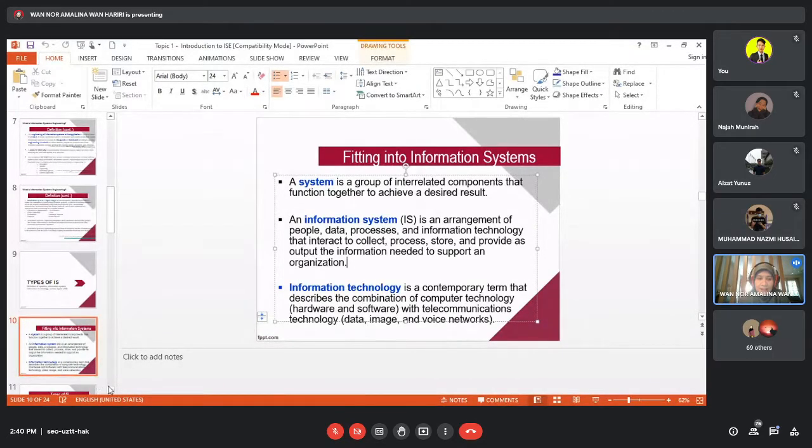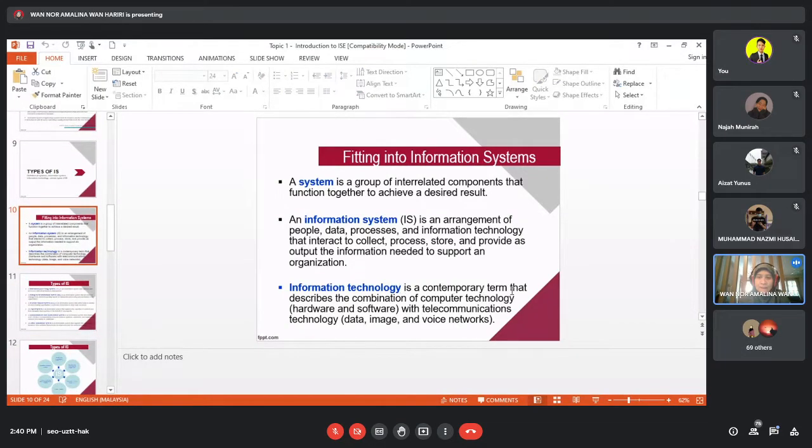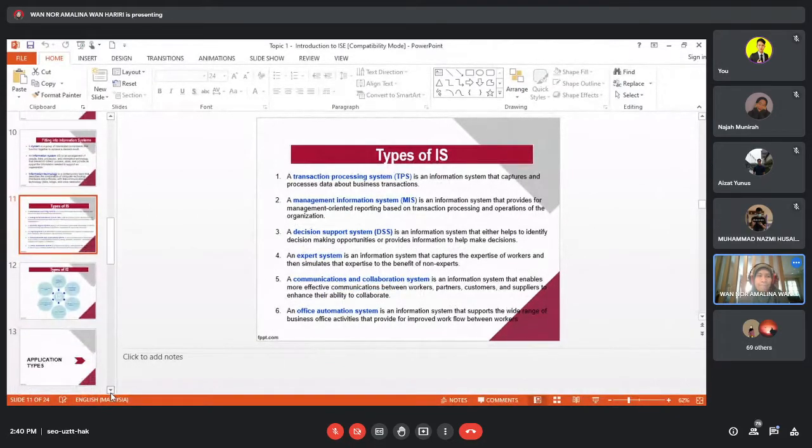Then IT as part of the components of IS, yeah, this is a contemporary term that describes the combination of computer technology with telecommunications. Yeah, since we are using the computer now, the technology for the information is computer, right?